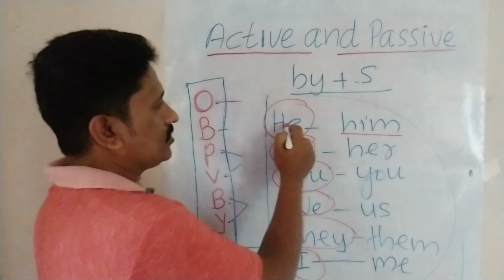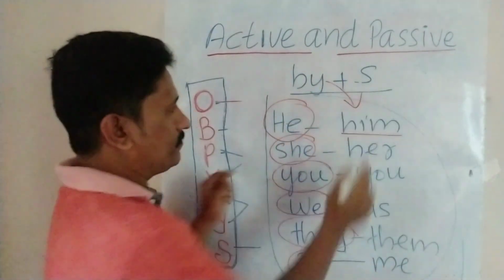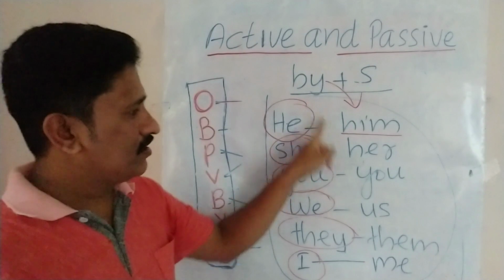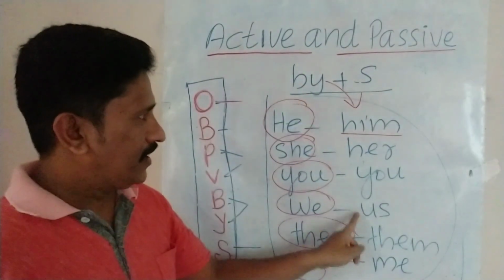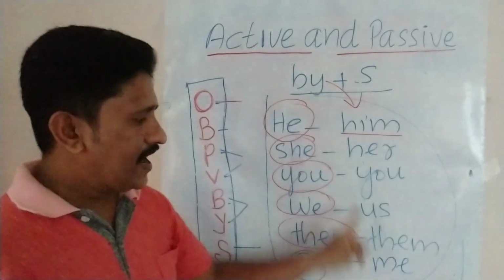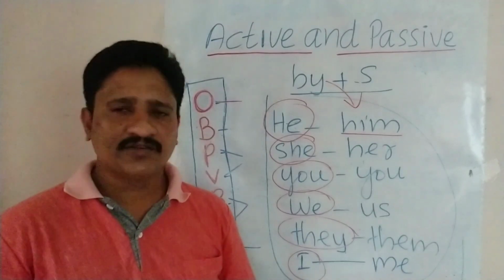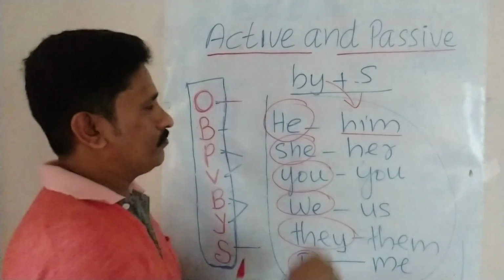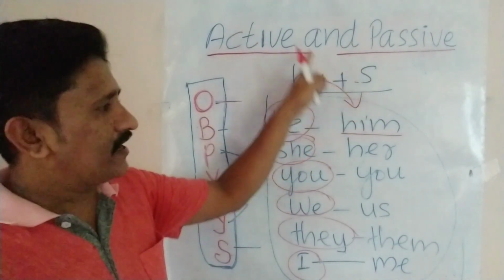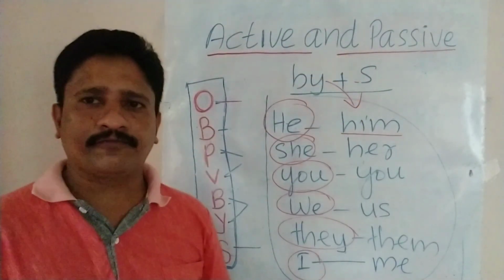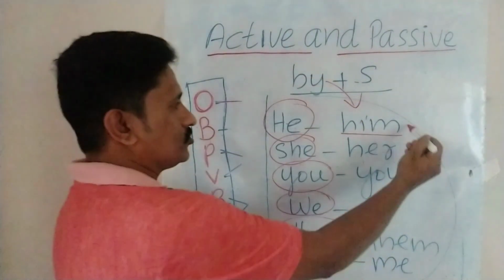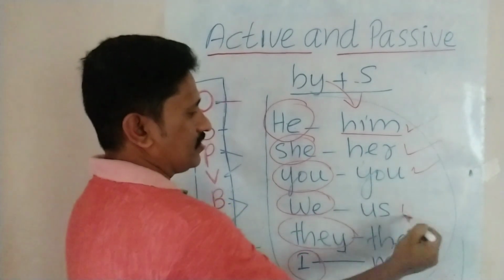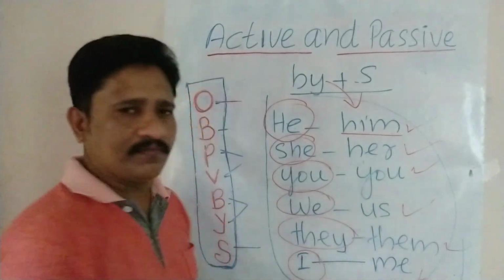So he will change into by him, similarly by her, by you, by us, by them, and by me. Just remember these changes when you bring down the subject of the active voice sentence to the end of the passive voice sentence.